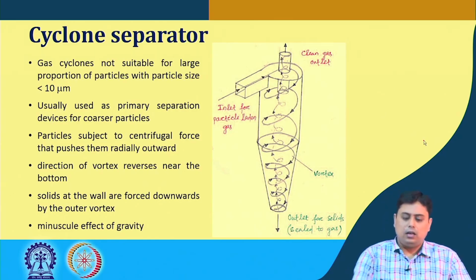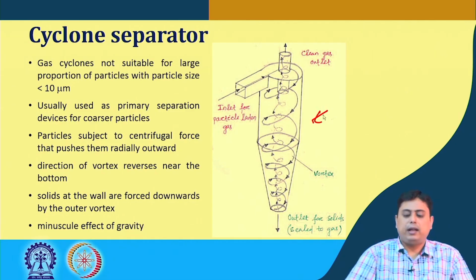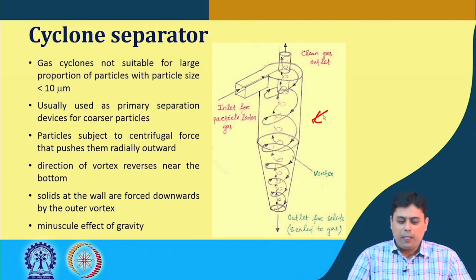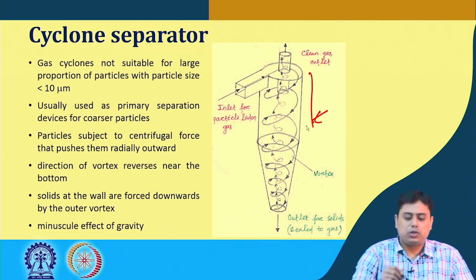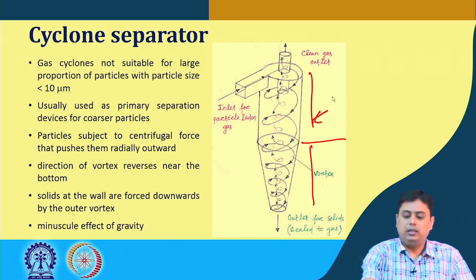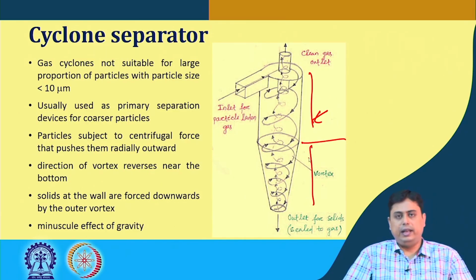This is the schematic of such a cyclone separator, where there is a cylindrical portion and a conical portion. By design the lengths of these sections are fixed.